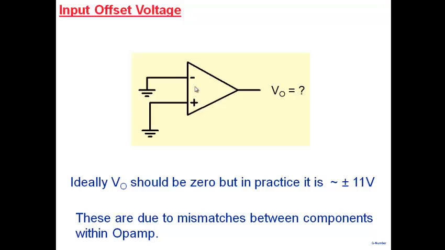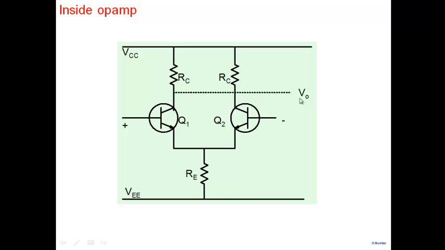When you go and look inside a differential pair like this, the left side and the right side are often not matched. The transistor here may have slightly different properties as compared to the transistor here. The two resistors that you see here may be nominally 1K or 10K, but no two resistors are exactly the same. So because of these mismatches, the output voltage is not zero.